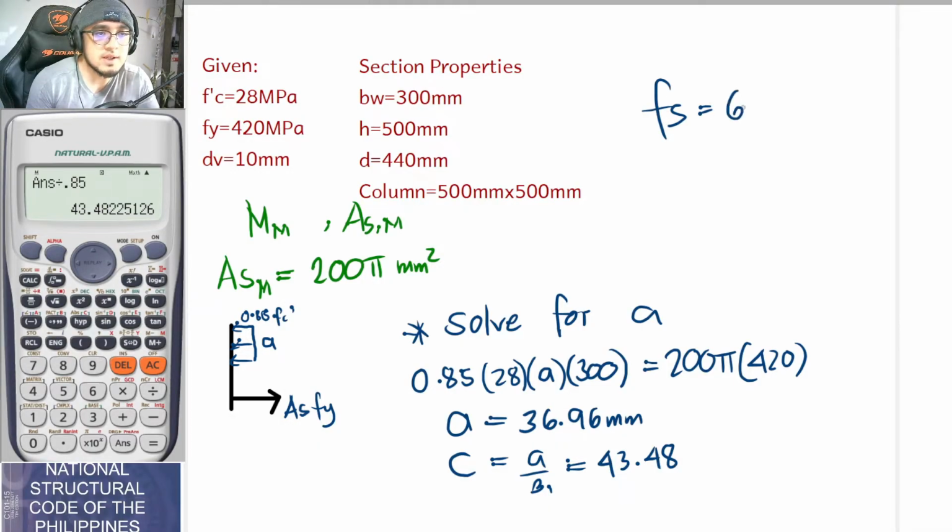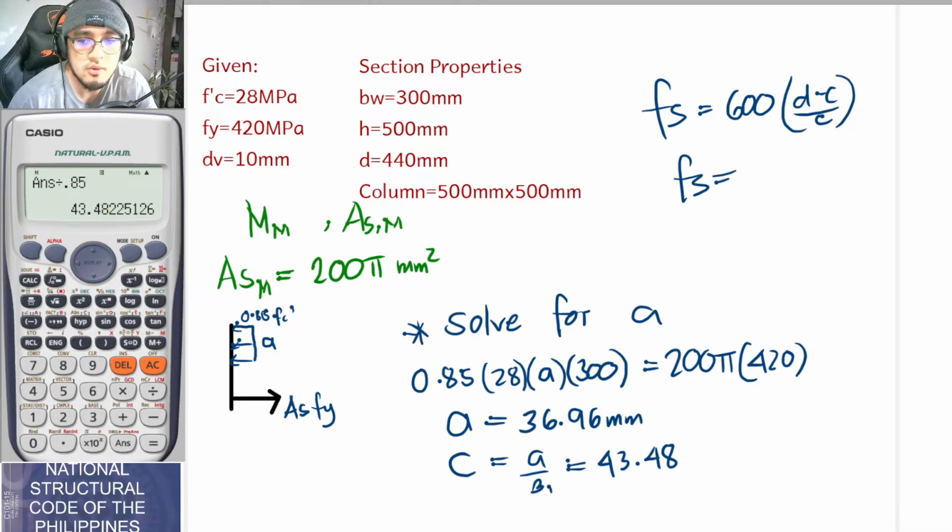So 600 times d minus c divided by c. So your Fs is to be equal to 600 times d, our d is equal to 440, minus c, and that is 43.48, divided by 43.48.